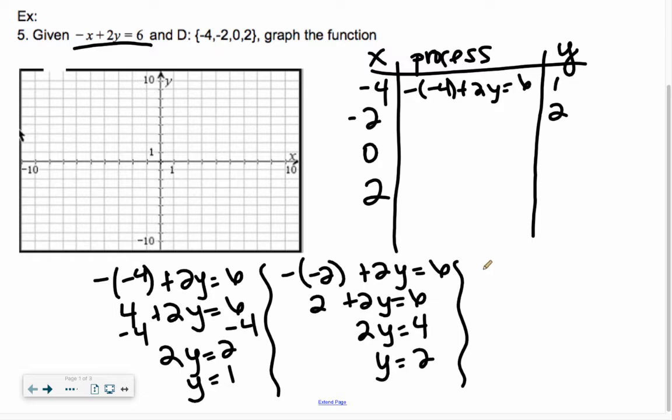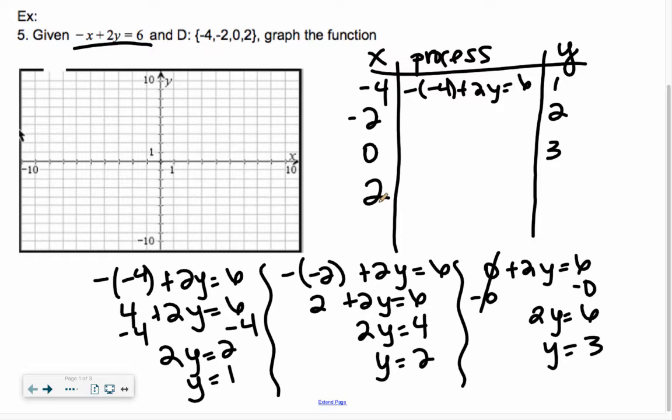Plugging in a 0. Well, -0 is just 0. So 0 plus 2y equals 6. Well, again, if I take away 0, it's not going to change anything. 6 minus 0 is still 6, right? I shouldn't have to do that. So 2y equals 6, so y equals 3.